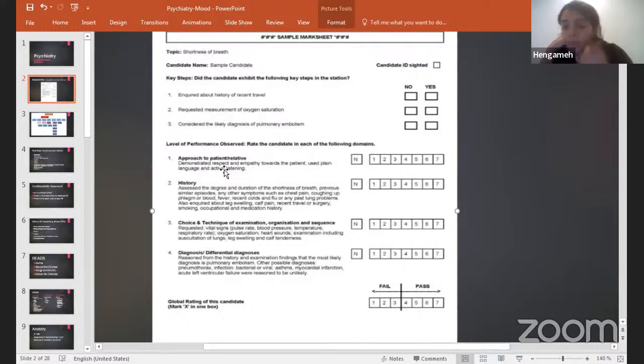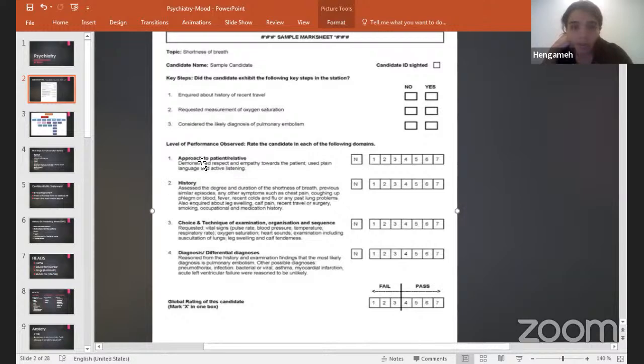So in a patient with pain, not addressing the pain, not offering pain relief medication marks us down in the approach. In a patient who has a significant concern about financial issues, not offering and not considering that concern, not addressing that concern, will be marked down. So that's also part of approach to the patient.